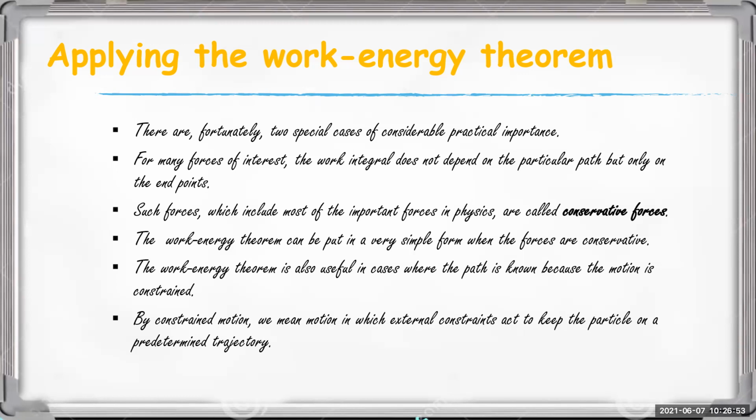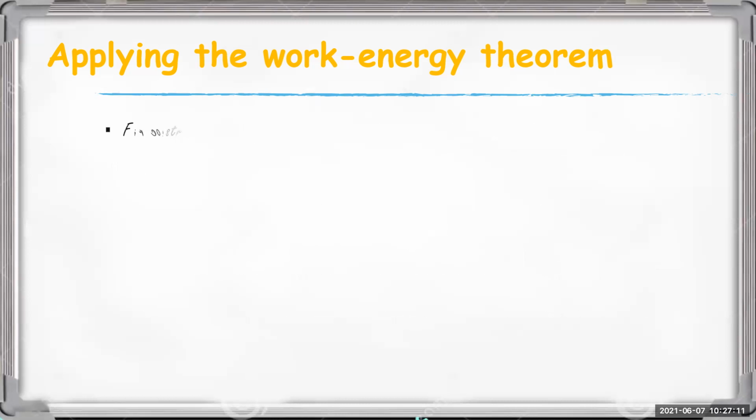In the case of constrained motion, the external constraints act to keep the particle on a predetermined trajectory. So the path is known. For constrained motion, the constraining force does no work. That is important.